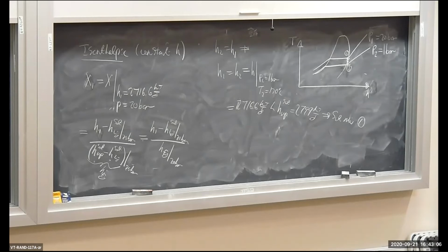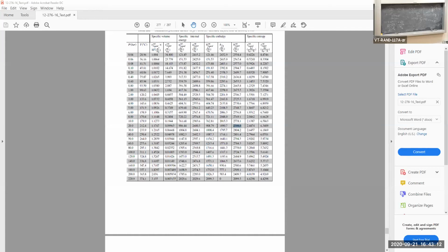Okay, so let's look at the specific enthalpy for a saturated liquid at 20 bar and HFG. Saturated liquid, 908.97. So H1 is 2716.6 minus 908 kilojoule per kilogram. H sat liquid, 908 approximately.